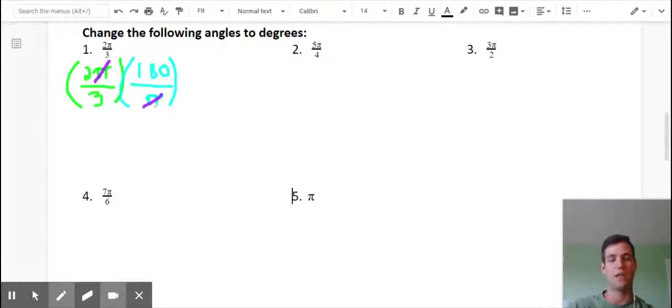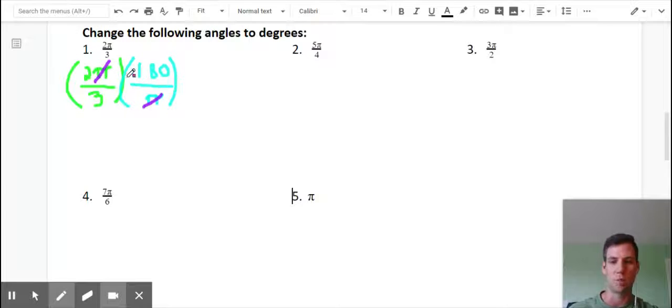That should be a good hint that you are going to be going to degrees, or what to use to go to degrees, because we're trying to get rid of the pi value since degrees don't have pi involved. So if you have pi in the numerator, you want to multiply by something that has pi in the denominator, so those can get canceled out. So the 2 ways to simplify this fraction is that we can just multiply across the top and the bottom.